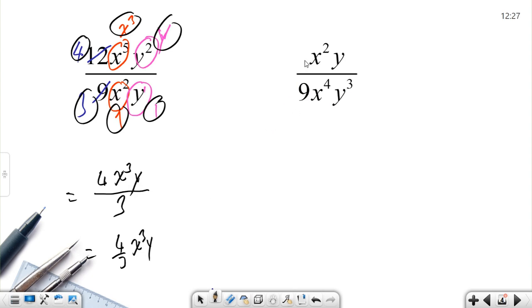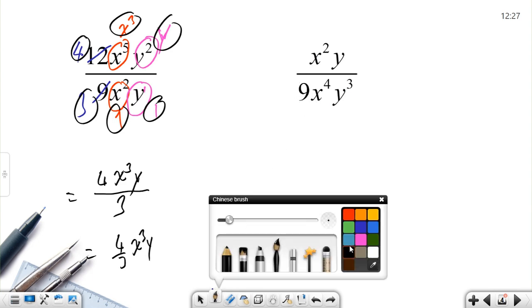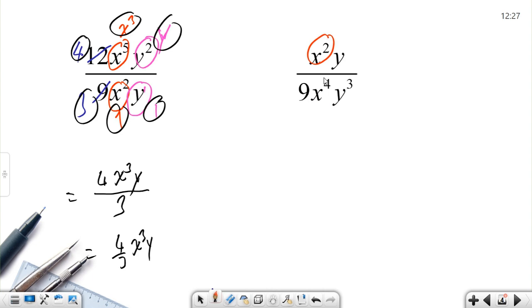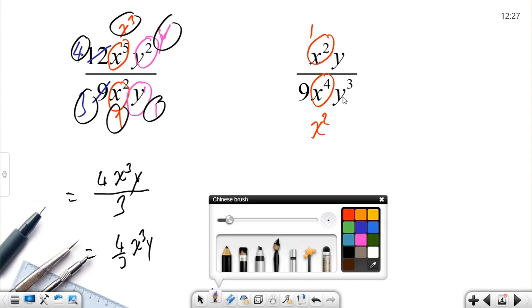Let's continue. 1 over 9. We cannot simplify, there is only 9. There is no coefficient to divide, so we cannot simplify. Let's continue with the variable x squared and x to the power of 4. The greatest power is in the denominator, so this will be 1, since x squared divided by x squared is 1. X to the power of 4 divided by x squared, so 4 minus 2 is 2, x to the power of 2. Let's check the y.